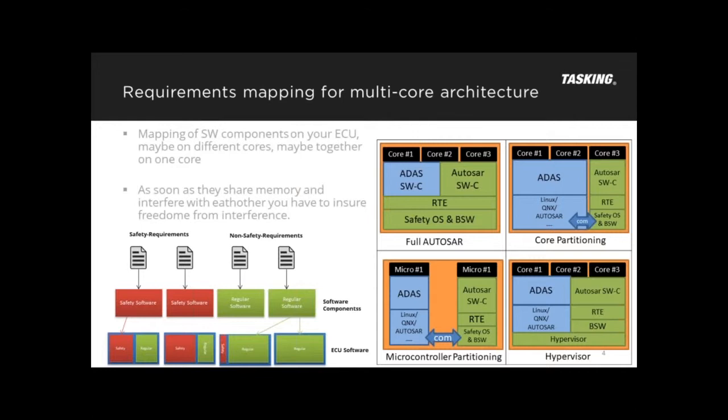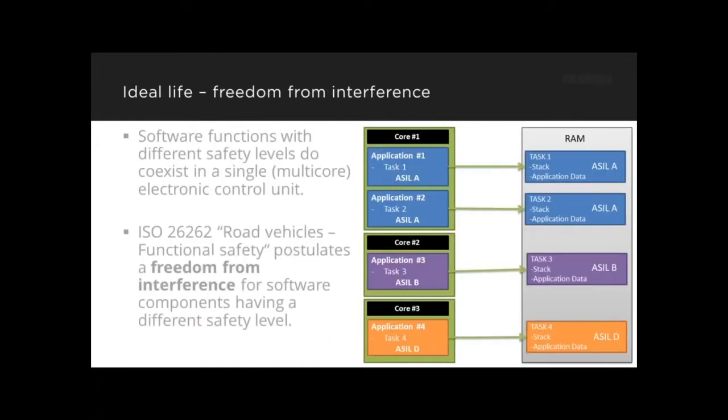And you want to make sure that for higher safety related components, you don't get any kind of problems caused from lower software components to the higher software components. So if you look at the right-hand side in this diagram, you will find a simple schematic for multi-core applications.